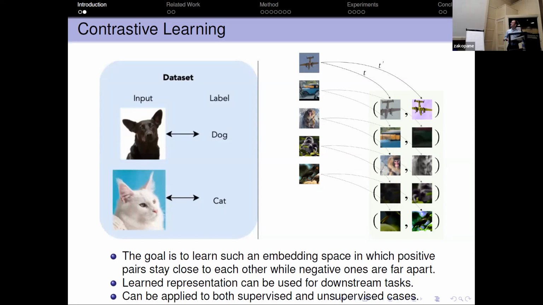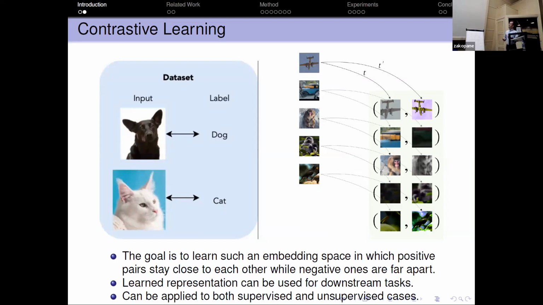In contrastive learning, we would like to train models to distinguish between similar and dissimilar pairs, and we can provide data sets for model learning, in the context of supervised or unsupervised learning.